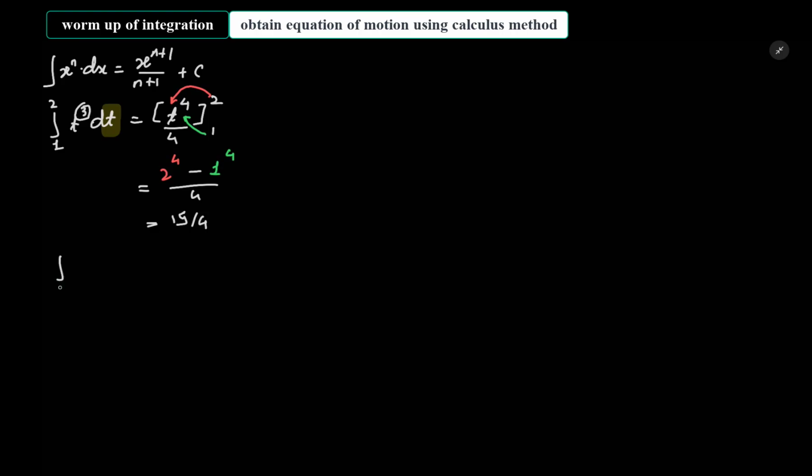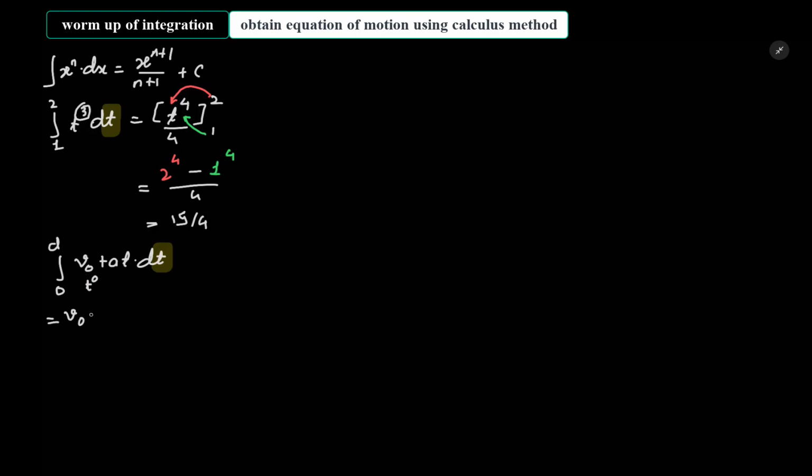Let's say we have integration of 0 to d for v0 plus at dt. Here, first of all, your variable is t. That means we have to increase the power of t only. Okay. In first term, we don't have any t, or we can say we have t raised to 0.